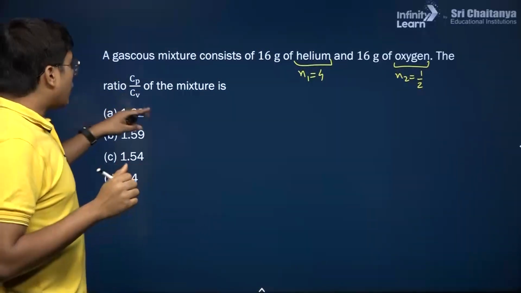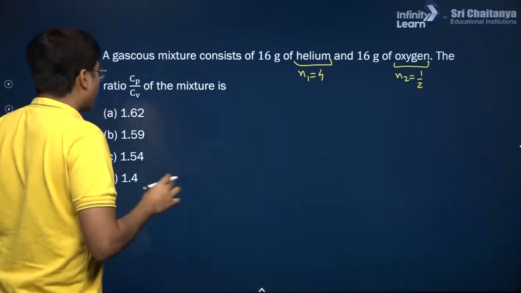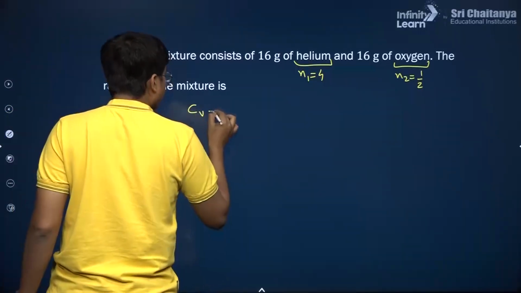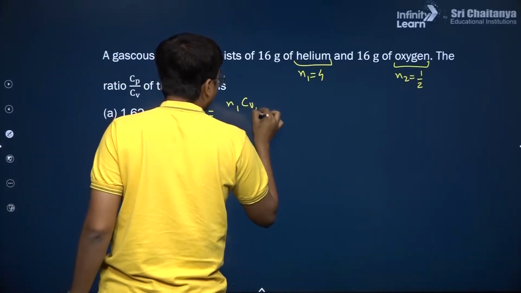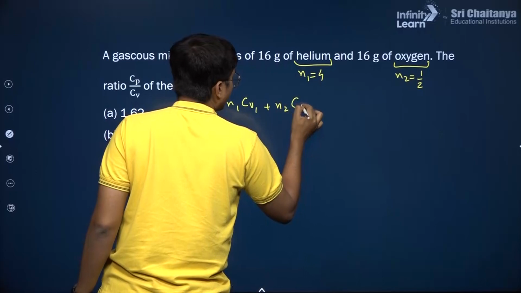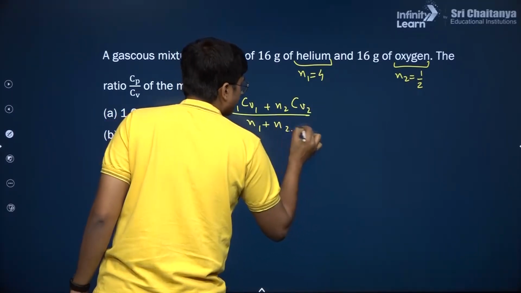Over here, I now need to find Cp and Cv separately. And the relations are pretty straightforward, because the net Cv of this combination is N1Cv1 plus N2Cv2 divided by N1 plus N2.